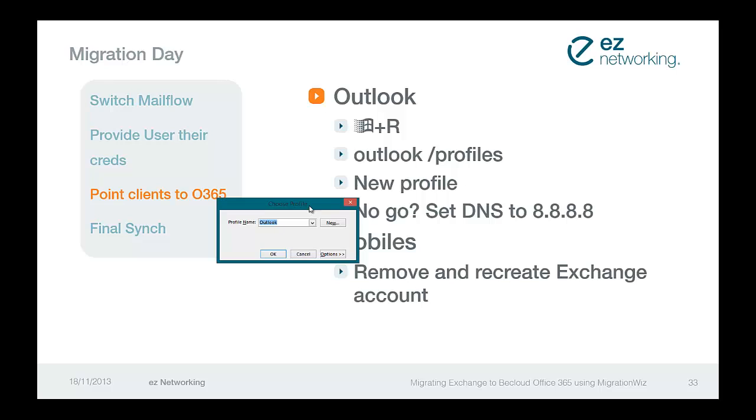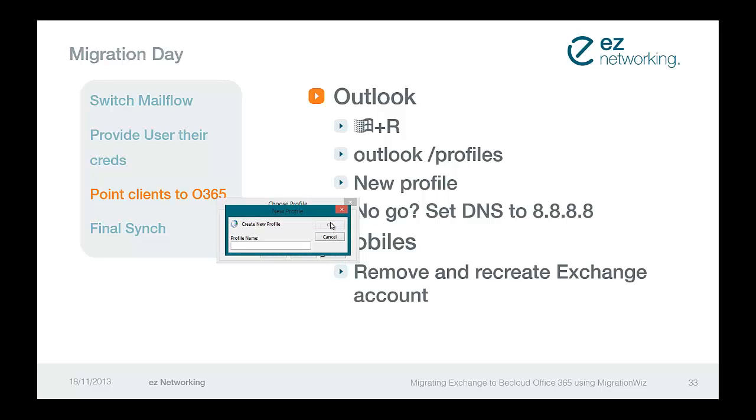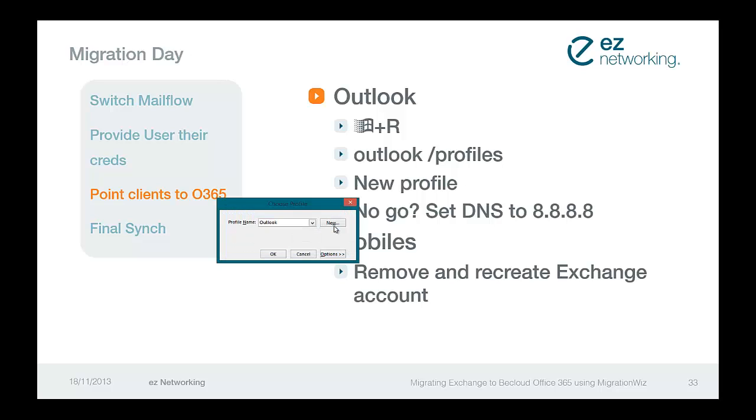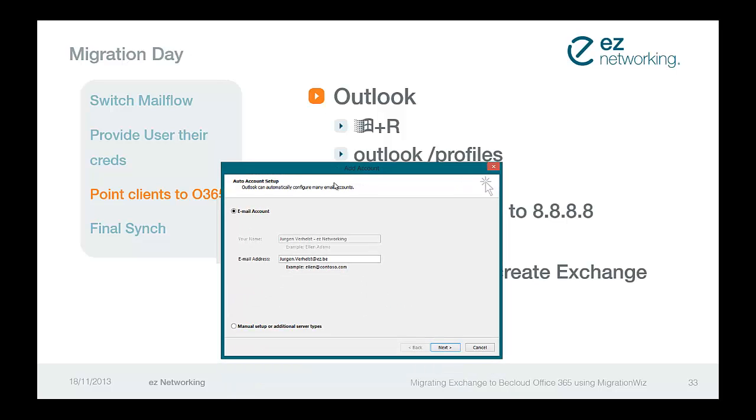I will get this pop-up box, click New, Office 365, and then I'll get the normal add account wizard. As you can see here, Outlook is trying to connect to my on-premise small business server.